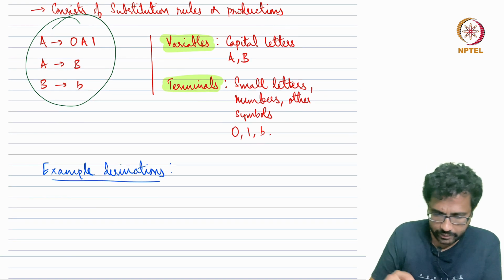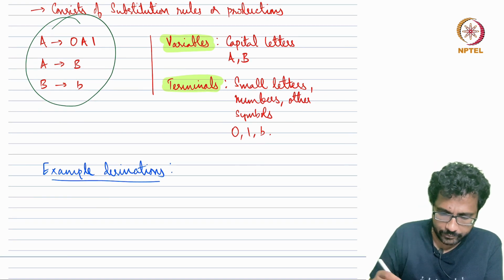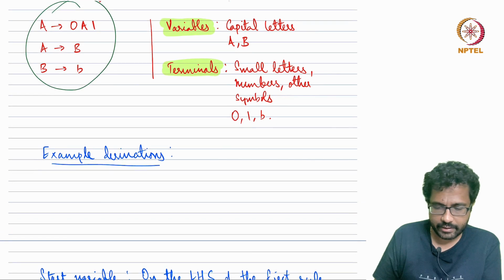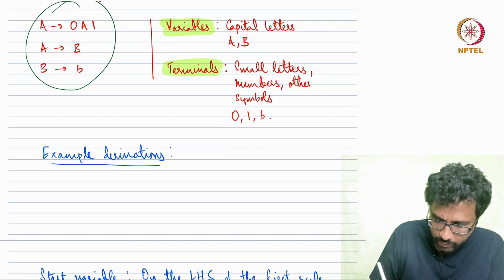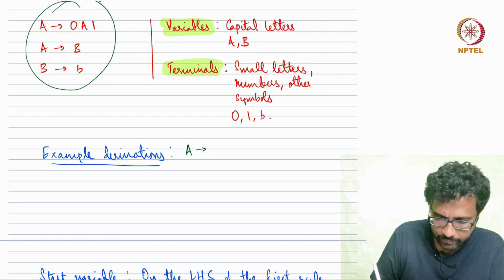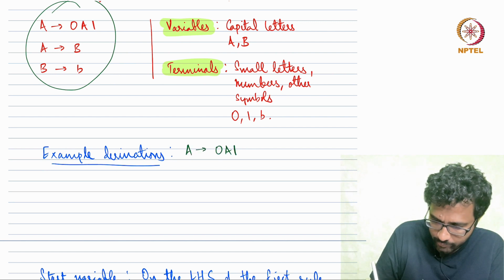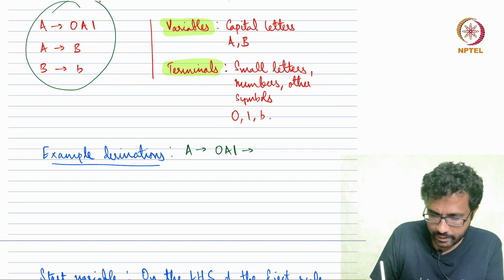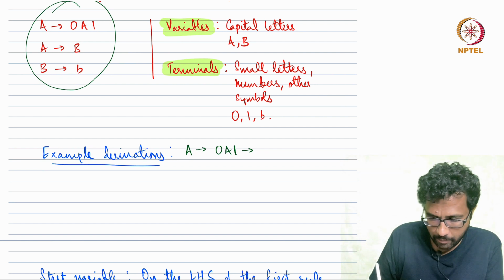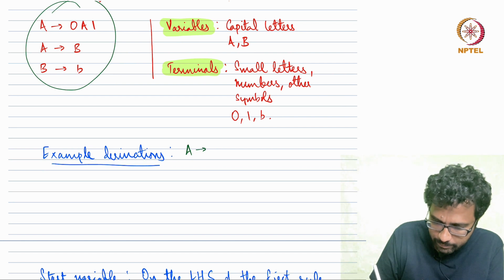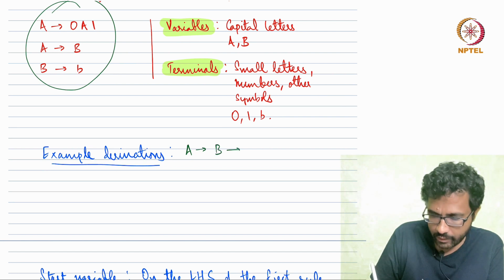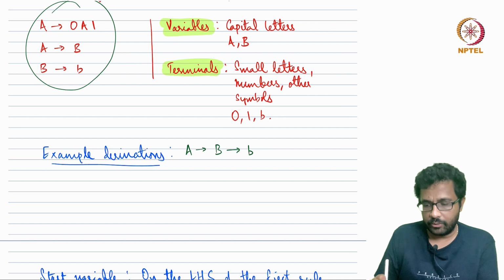So let us see what all we get from this grammar. Let's try to see some examples. One is that A yields B, capital B, and capital B gives us small b.